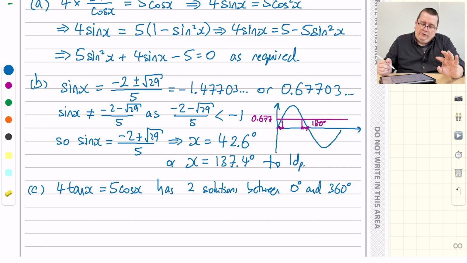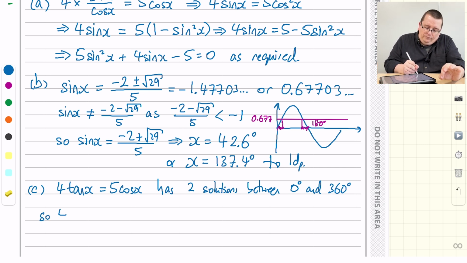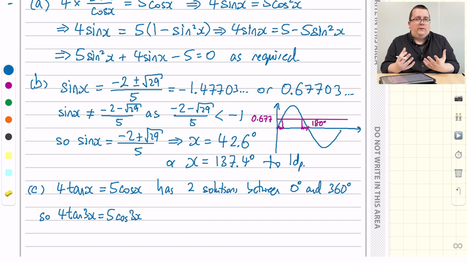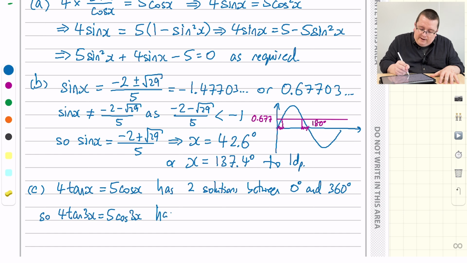Okay, so 4 tan 3x equals 5 cosine 3x. If you replace the x with 3x, that stretches the graph by factor a third, parallel to the x-axis. So what that means is that you have 3 lots of 2 solutions between 0 and 360. So that has 3 lots of 2, so 6 solutions between 0 and 360.